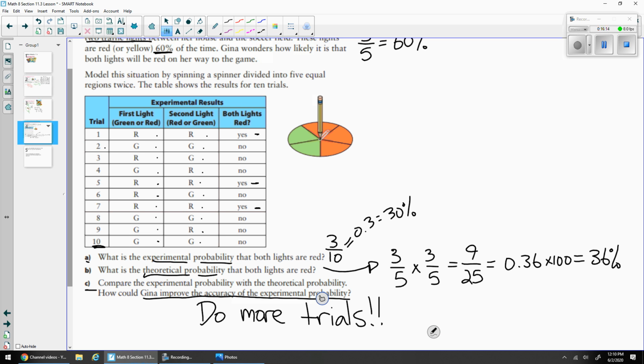You do 100 flips of a coin, and it should be a little bit closer to 50-50, but it could be maybe like, I don't know, 40 to 60. But if you flip the coin 1,000 times, I would guarantee that your number of results would be a lot closer to 50% and 50%. If you flipped it 1,000,000 times, I would guarantee that you'd be very close to 50-50. Okay, so the more trials you do in an experiment, the closer you'll be able to get to theoretical probability.